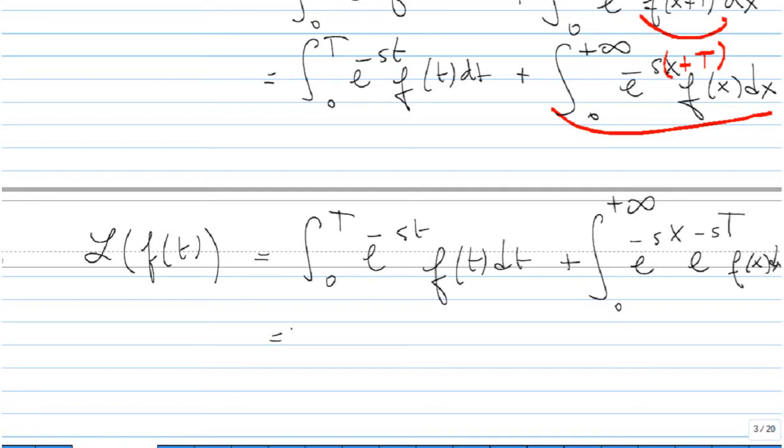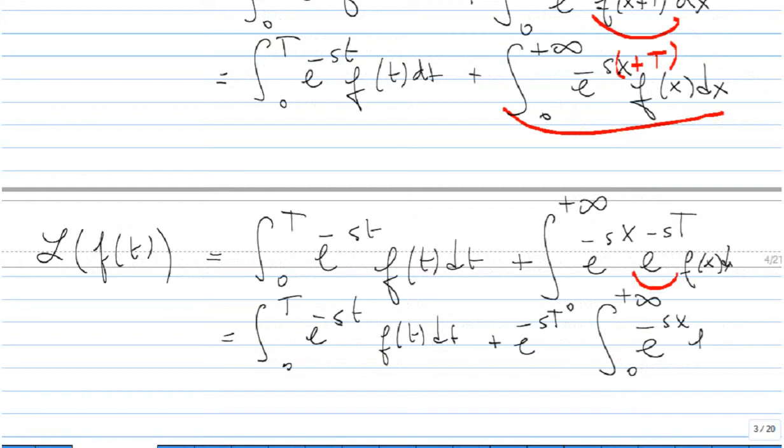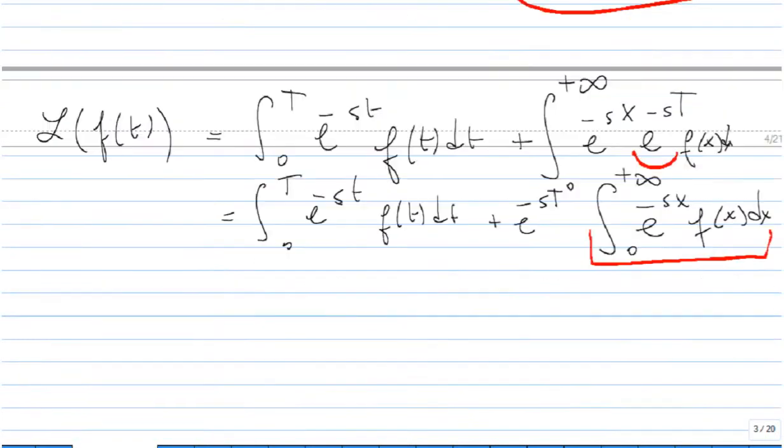And now we take e to the minus sT, this term, out, from the integral from 0 to T of e to the minus st f of t dt plus e to the minus sT times the integral from 0 to plus infinity of e to the minus sx f of x dx. Now we recognize here that this is the Laplace of f of t.